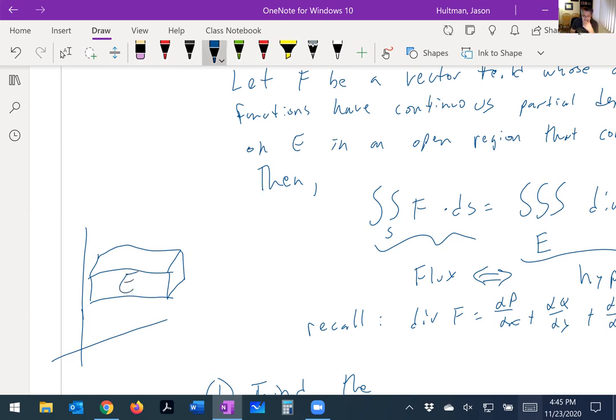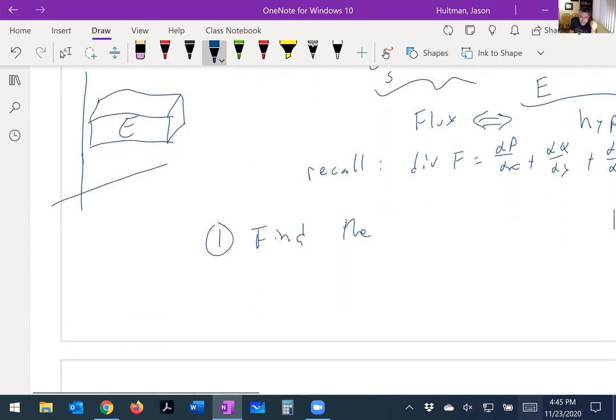This whole thing is E. E is a simple solid, and let S be the boundary surface of E. Find the flux of the vector field.